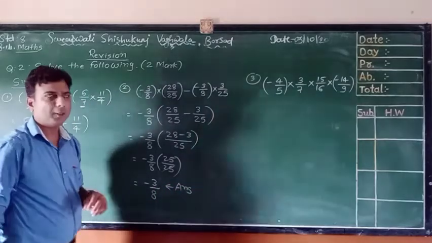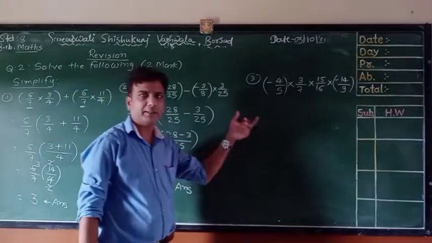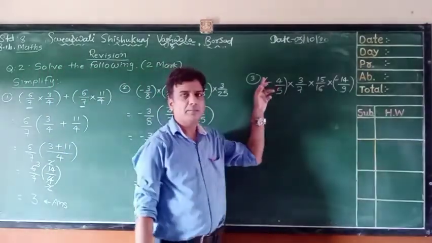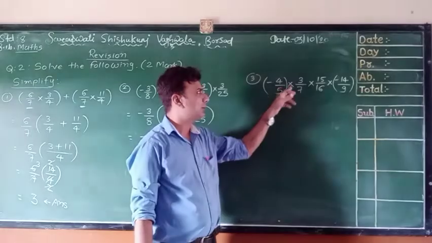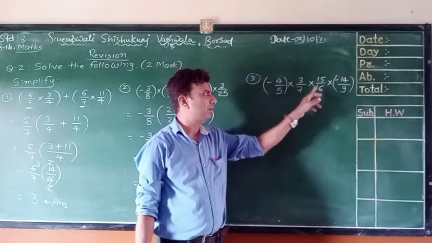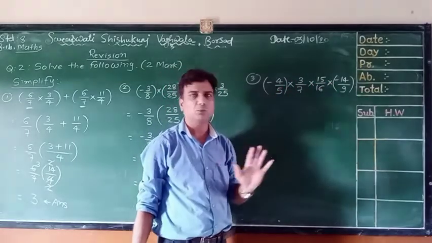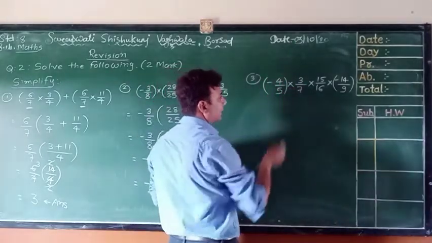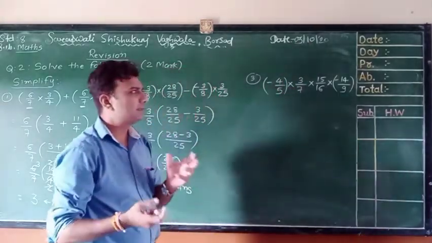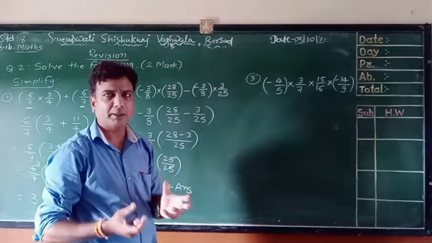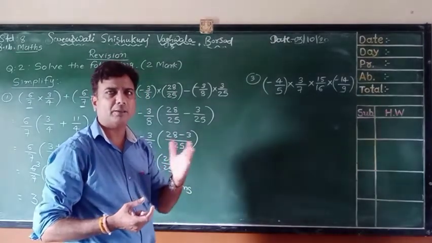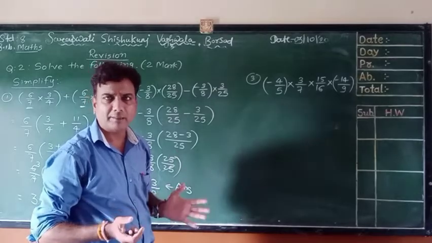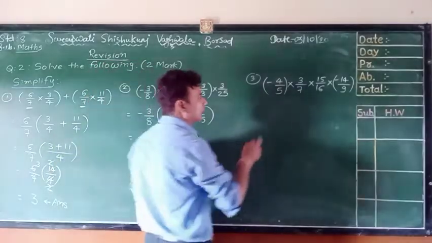Is it clear beta? Now this third number, we can observe minus 4 by 5 multiply 3 by 7 multiply 15 by 16 multiply minus 14 by 9. So here students, what is the relation here? Multiplication relation, that means we can cut upper side and down side, both sides. Okay, so here simple.